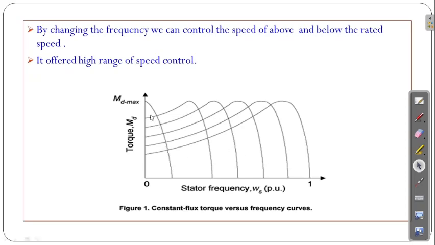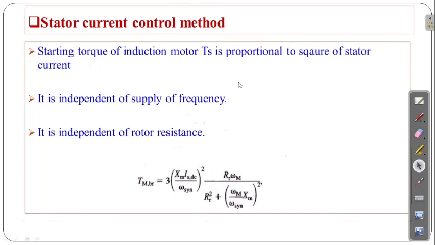This is the curve for torque versus stator frequency. We will have a maximum torque here also. Then the stator current control method. Here the starting torque of the induction motor T is proportional to the square of the stator current. It is independent of the supply frequency and independent of rotor resistance.